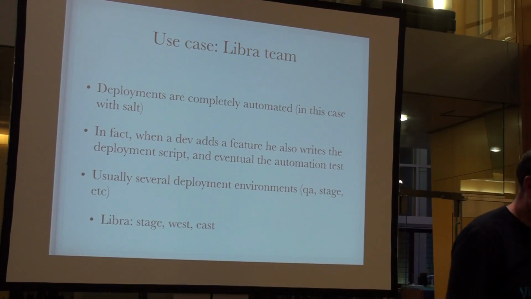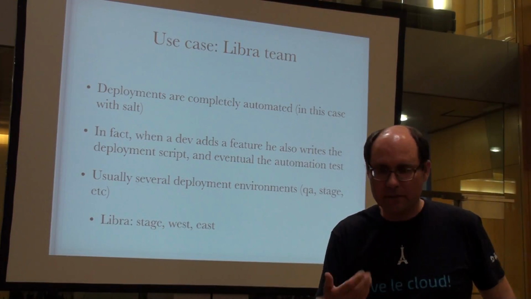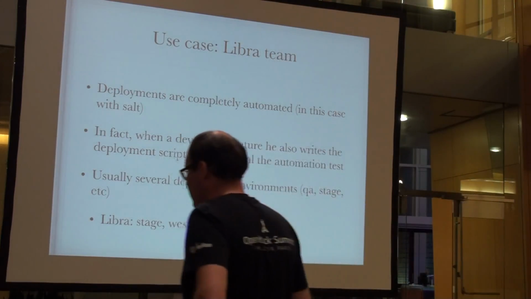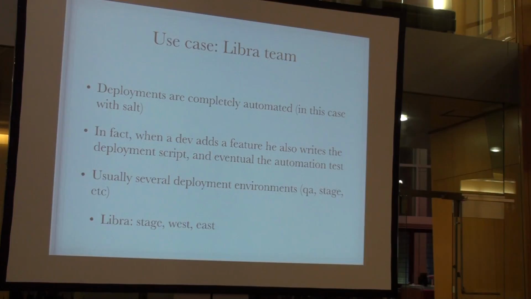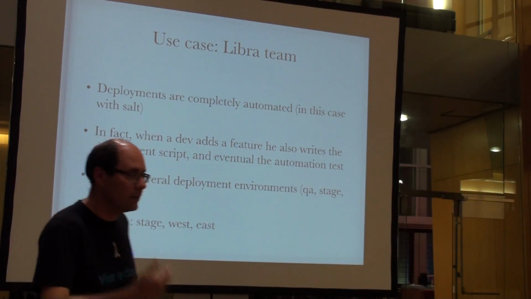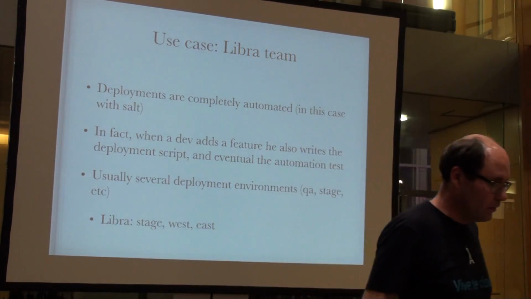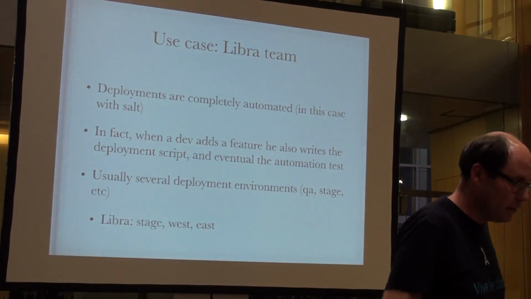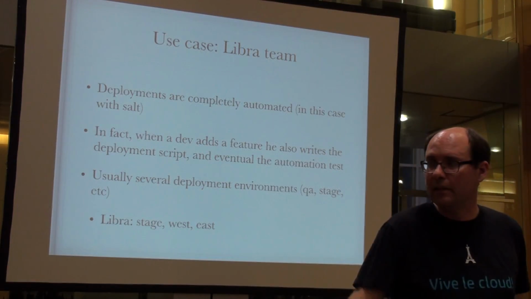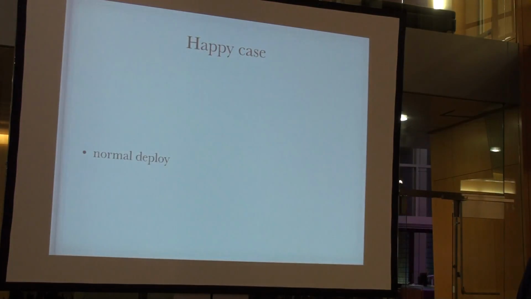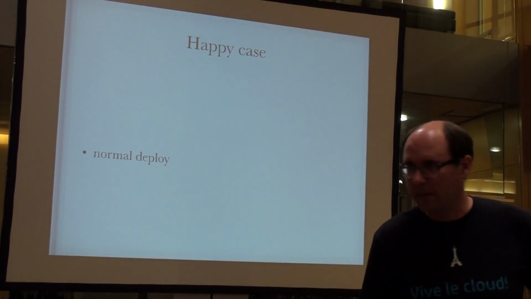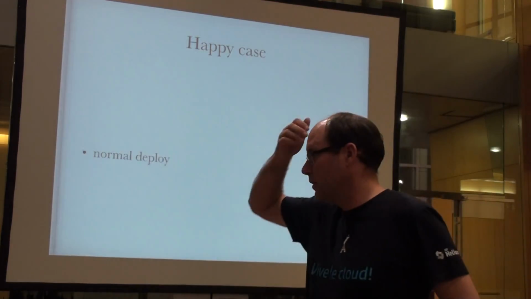Usually I have several deployment environments, so I try to go to QA, then stage, and then straight to production. QA run the tests, and then go to stage and run the tests. Then with one button, it all happens.